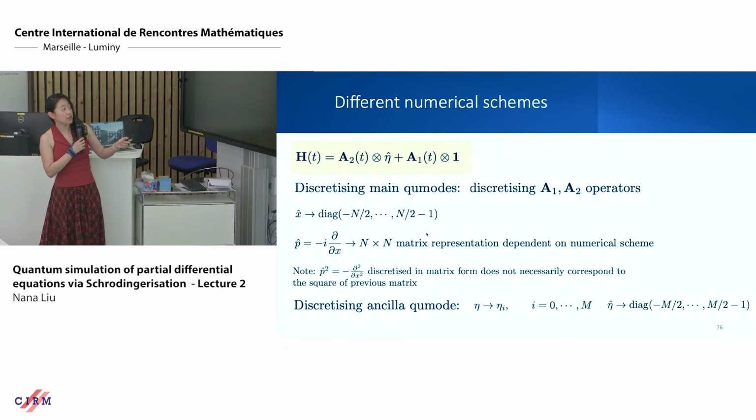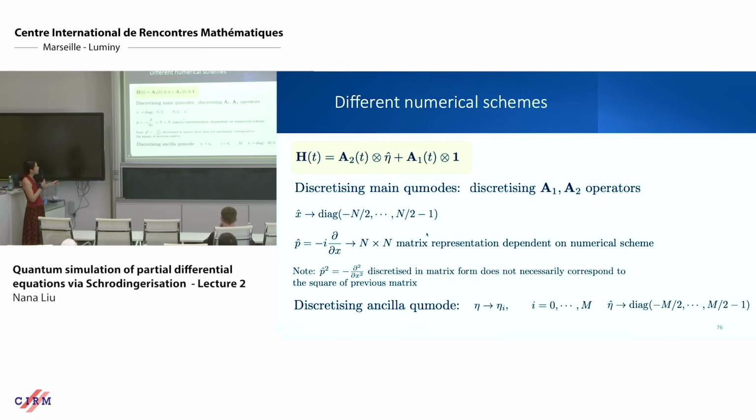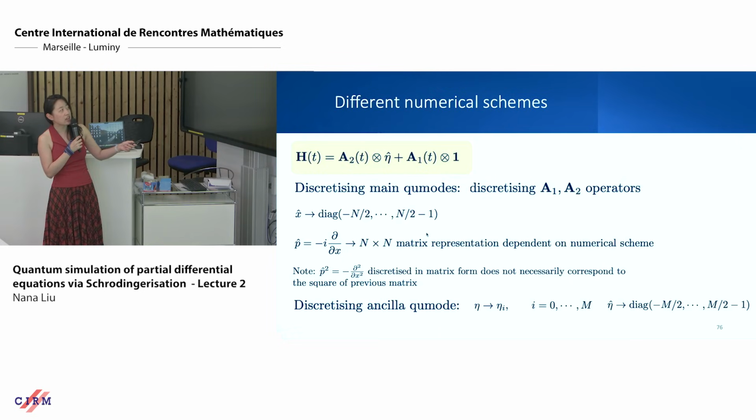Okay, so here you can have different numerical schemes, and so the idea is that to discretize the main Q modes, you want to discretize the A1 and A2 operators. Okay, so here, for example, your X hat is diagonal, and if this is a one-dimensional problem and you want to discretize your X dimension in n parts, then the eigenvalues of X hat would correspond to the diagonal values of minus n/2 all the way up to n/2 minus 1.